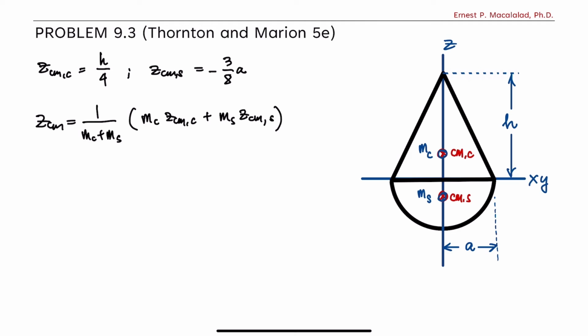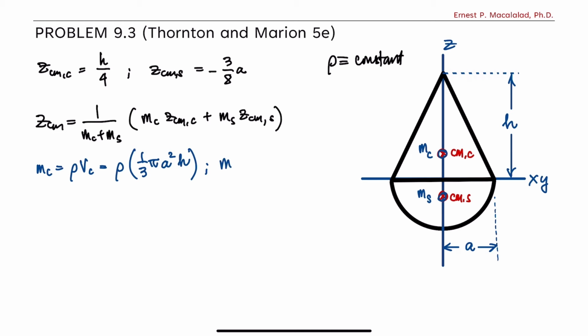And we can calculate it from the fact that we have a uniform object wherein rho, which is your mass density, is constant and they are the same. So the mass of your solid cone, MC, will be equal to rho times the volume of the cone. And we already know from your geometry that the volume of your cone is 1/3 pi times the square of the radius times the height.